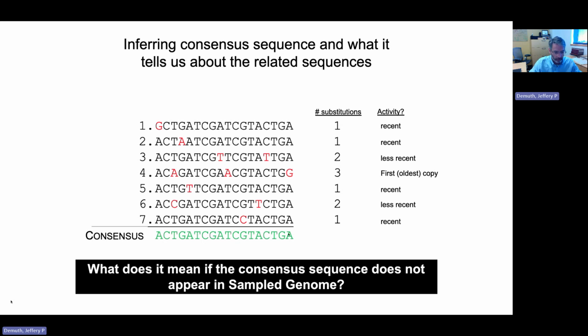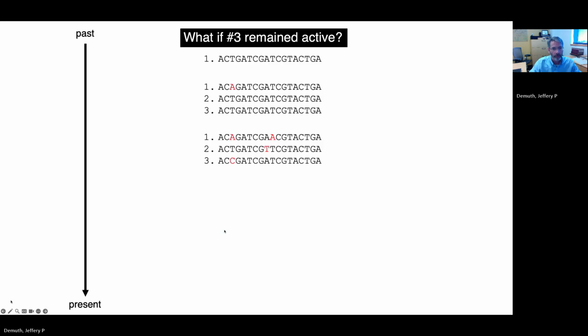If you have to have perfect conservation of the consensus, that suggests that none of the copies that are currently in the genome are actively transposing. So that's one example of a transposon.